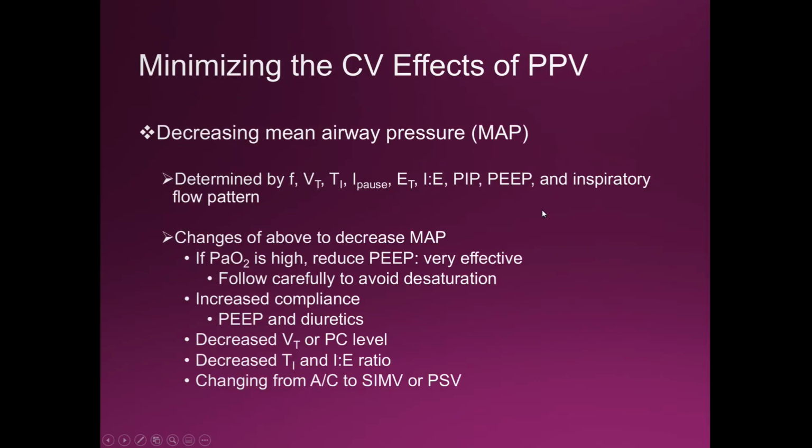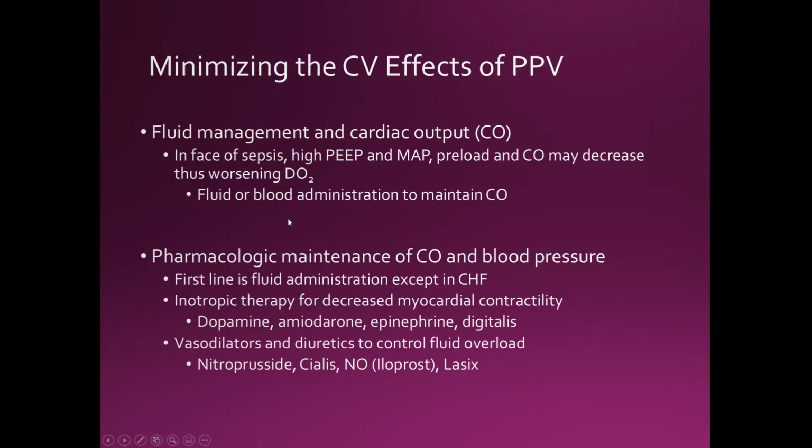Pharmacologic maintenance. So, drugs. What kind of drugs can we give? First line is fluid administration. Obviously, if we are decreasing in cardiac output, we are decreasing in fluids or blood, we got to replace them. Now, here's the thing, except for CHF. Why? Because since we have some congestive heart failure, we have a lot of fluid backed up.